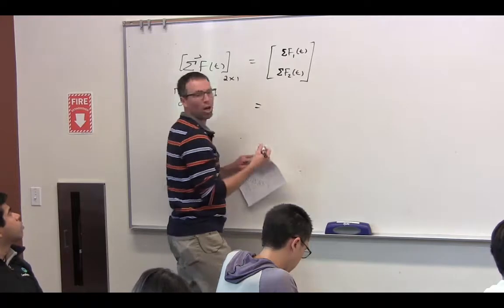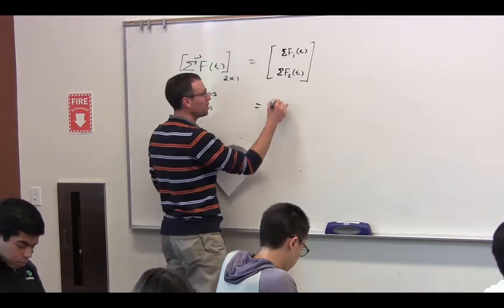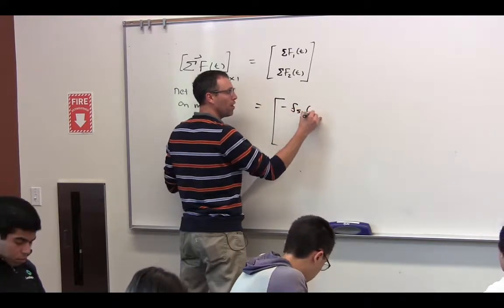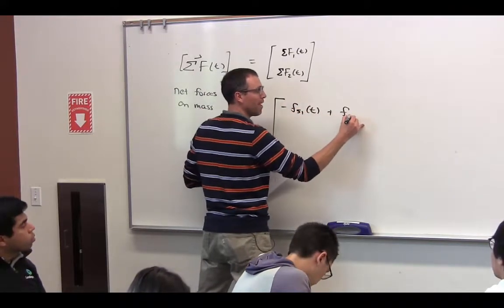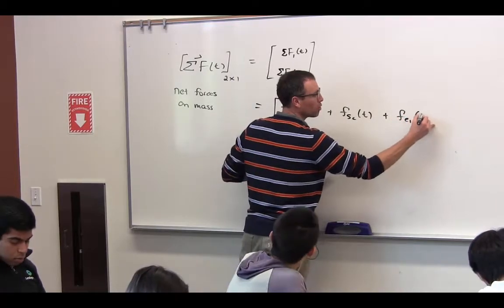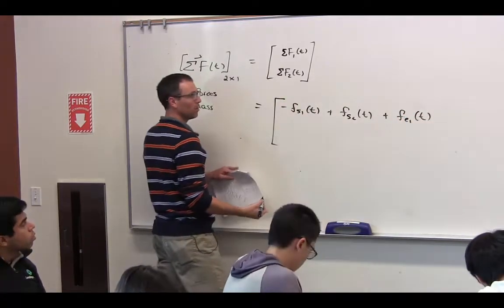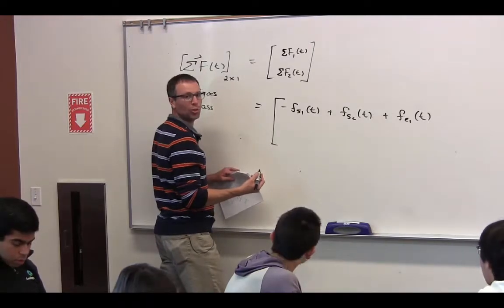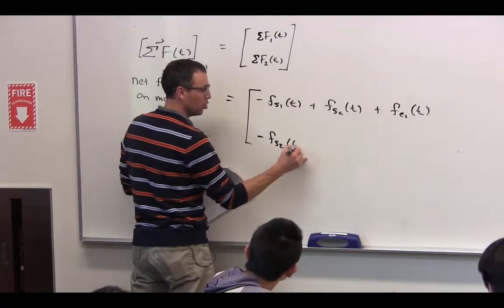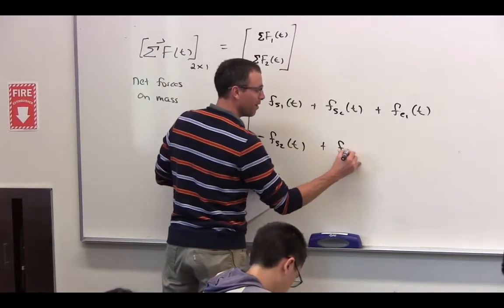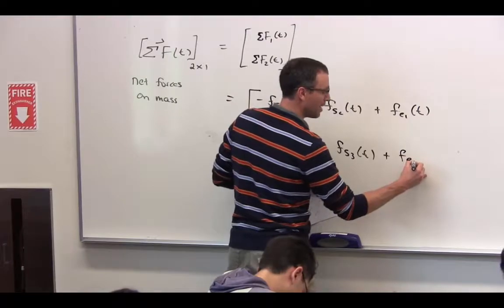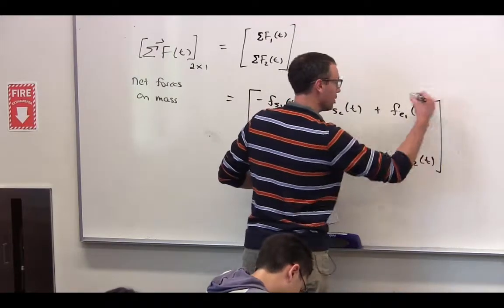What's the net force on mass 1? Well, we had it over there. What was it? Negative Fs1 of t plus Fs2 of t plus whatever my external force was on my first mass. What's the net force on mass 2? Negative Fs2 of t plus Fs3 of t plus Fe2 of t.